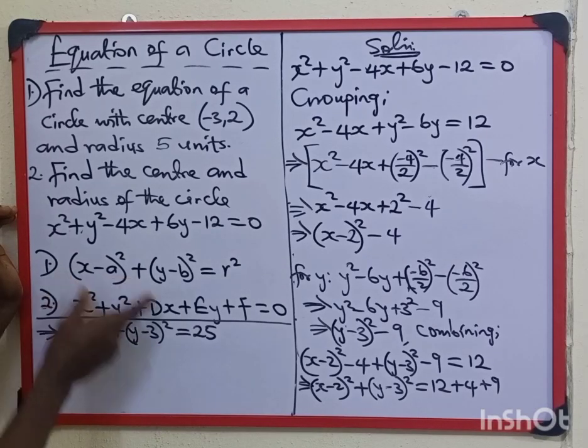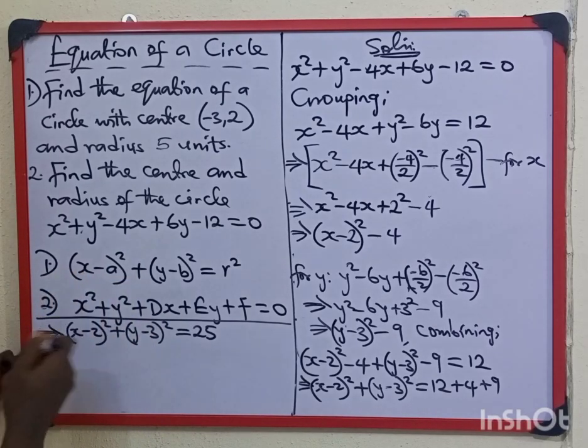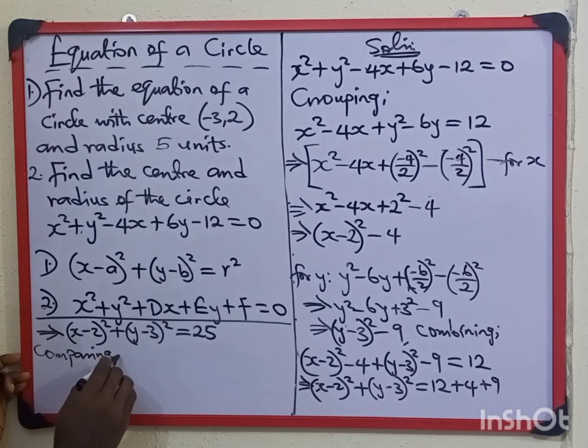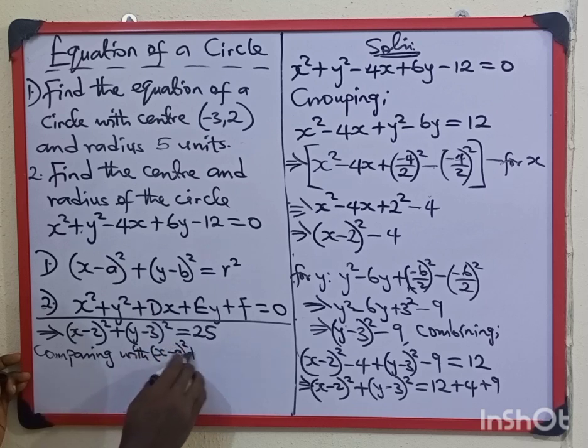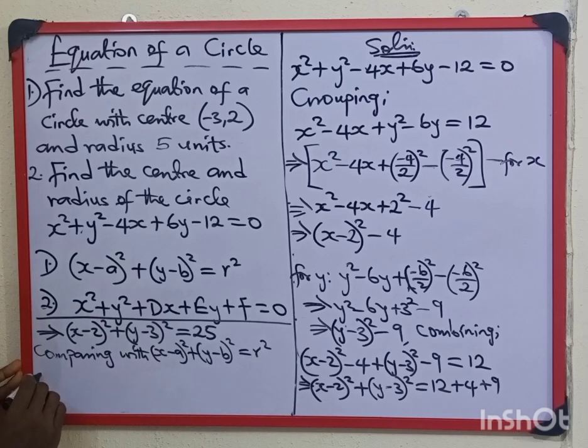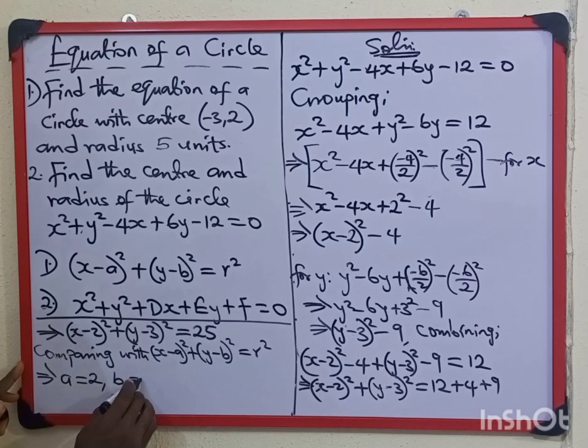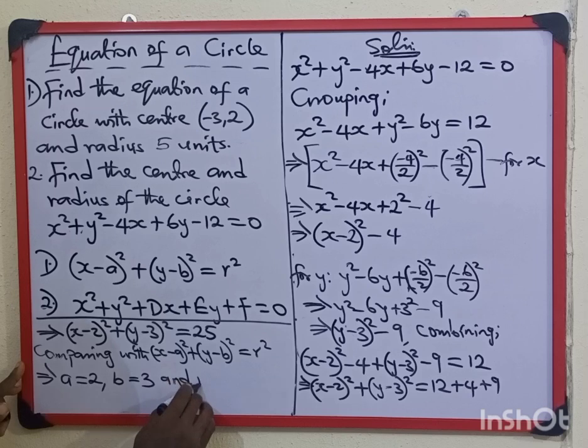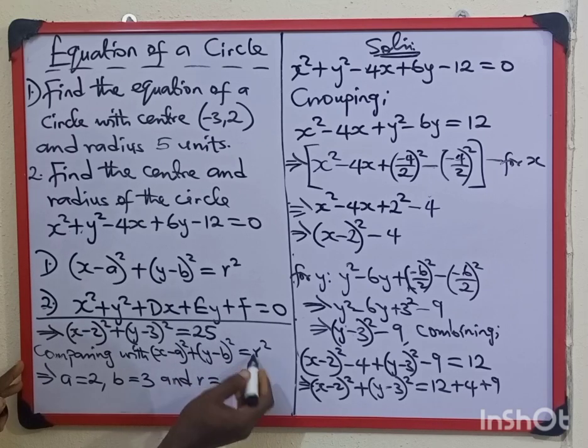Now I'm going to compare this equation with the standard form: bracket x minus a all squared plus bracket y minus b all squared equals r squared. It simply implies that a is equal to 2, b is equal to 3, and r squared is 25, so r is equal to 5.